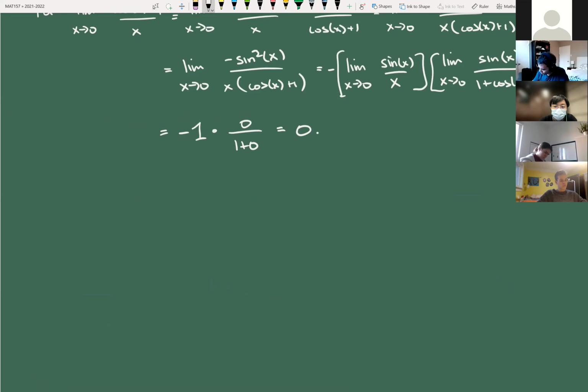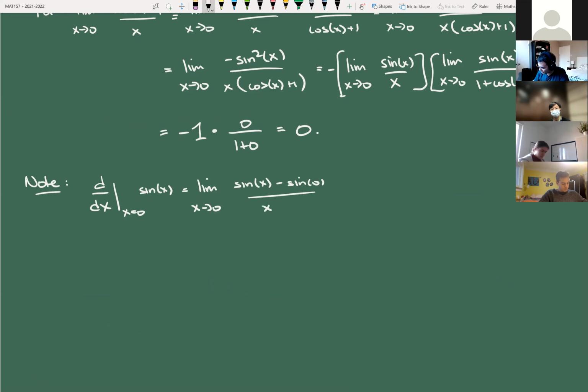So let me say note. If you wanted to compute the derivative at 0 of sine x, what would that be? You would take the limit as x approaches 0 of sine x minus sine 0 divided by x minus 0. But sine of 0 is 0, right?